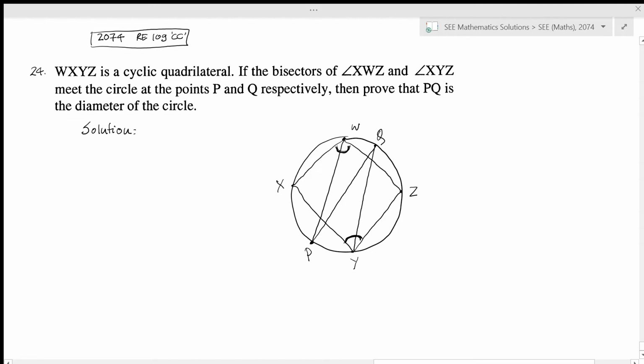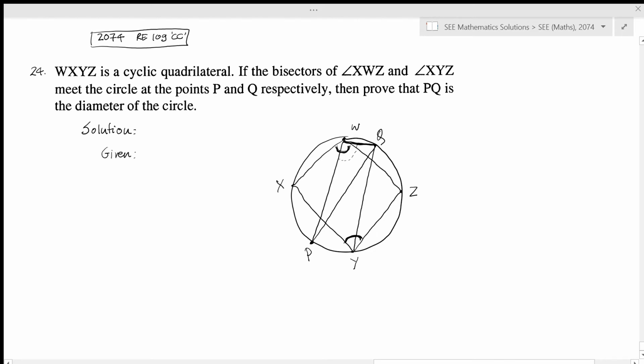So to prove the diameter, we already have used one theorem, that is the angle subtended by the diameter at the circumference is equal to 90 degrees. So if PQ is the diameter, then if I draw this construction, if I join W and Q, this angle PWQ should be equal to 90 degrees. So we can write the given information here, right?